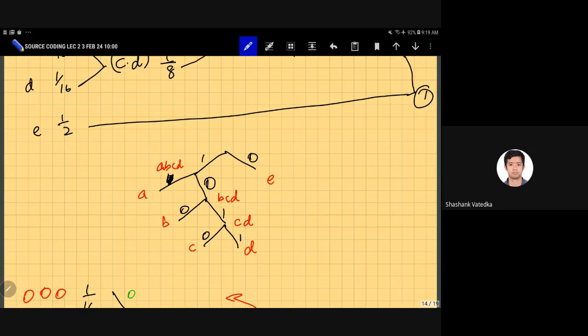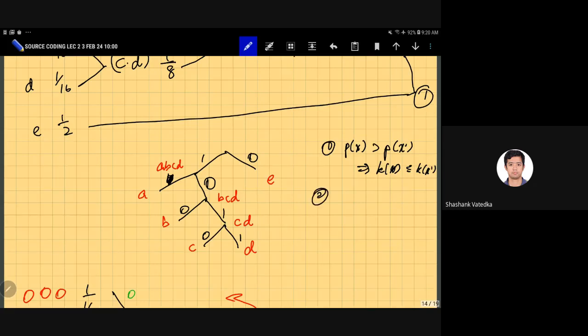Now, is this code canonical? Remember that for a canonical code, we want that p of x greater than p of x prime implies that k of x is less than or equal to k of x prime.